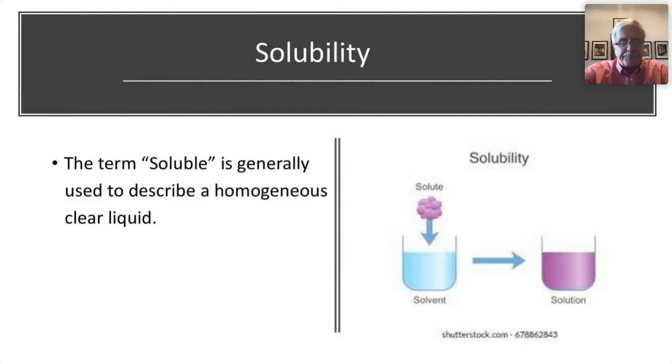Okay, I want to start with the most basic, the term soluble. So when we say soluble, we generally mean a homogeneous clear liquid. And here's an example of taking a material, a solute, putting it in a solvent and making a solution. Unfortunately, it's not quite that simple. Nothing is infinitely soluble and nothing is completely insoluble.